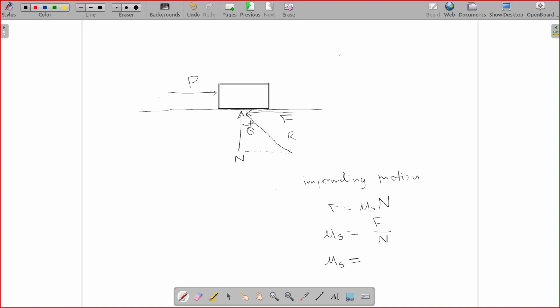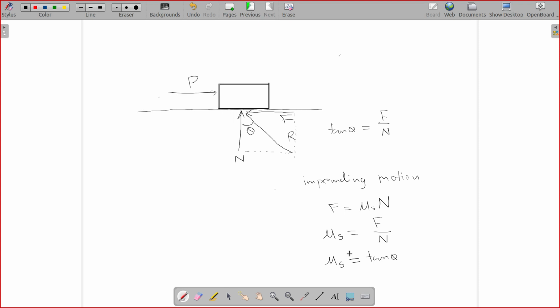If this angle is theta, what will be tan theta? Tan theta will be equal to, if this is F, this will also be F. So tan theta will be equal to F by N, magnitude of F by magnitude of N. So that's what we have here, F by N. So F by N is equal to tan theta.